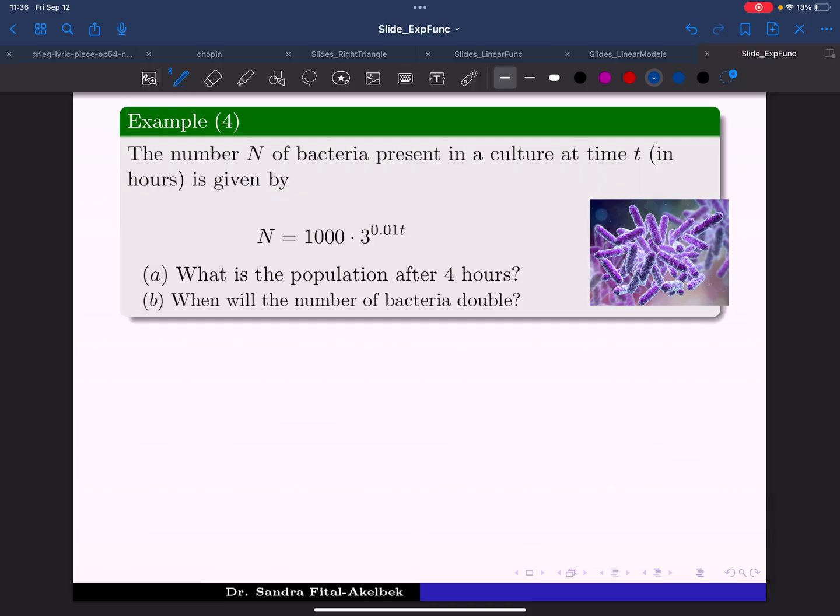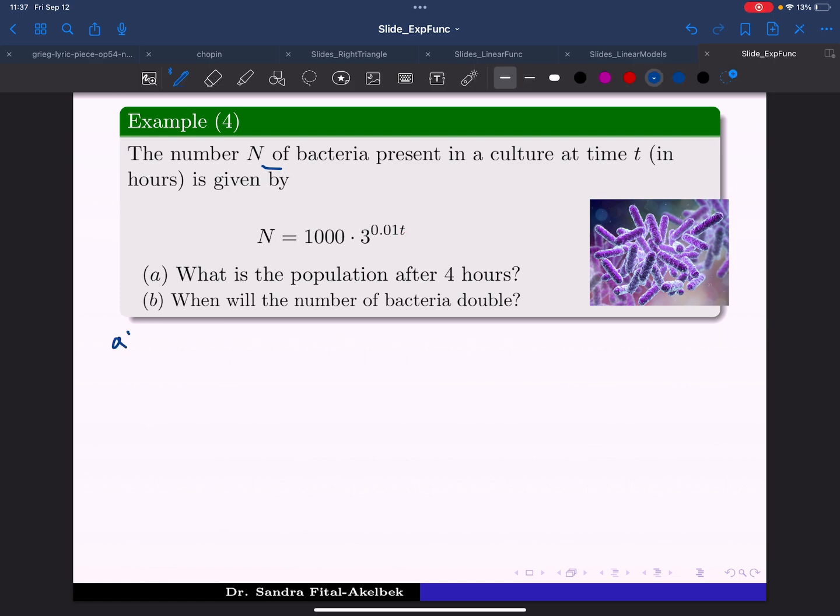Example 4. The number n of bacteria present in a culture at time t in hours is given by this formula. So t is in the exponent. What is the population after 4 hours? That means we substitute 4 for time t.